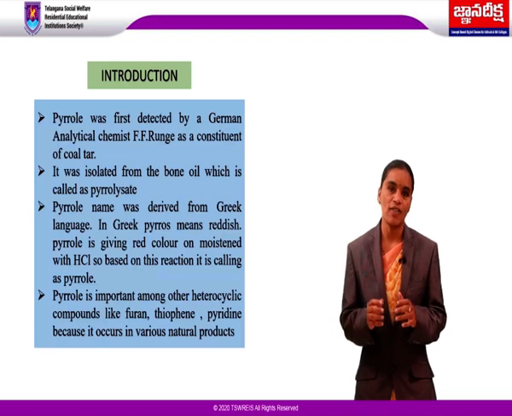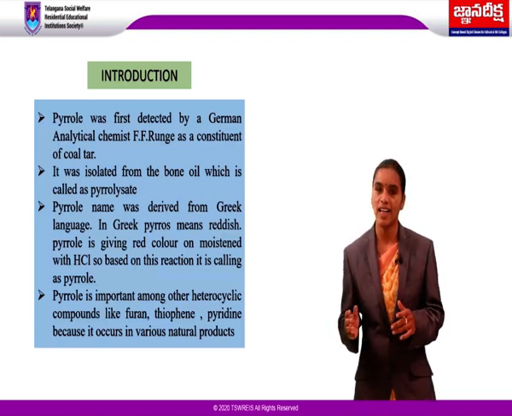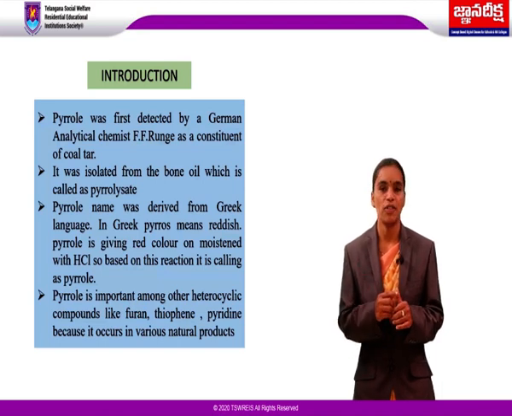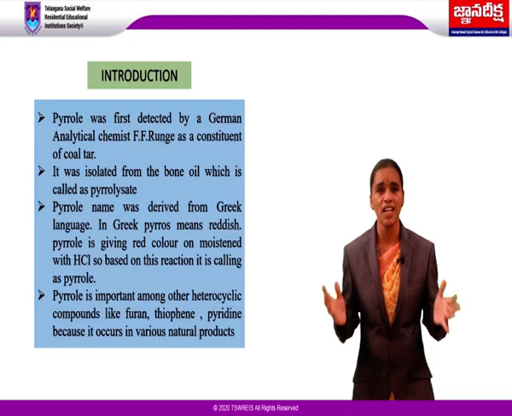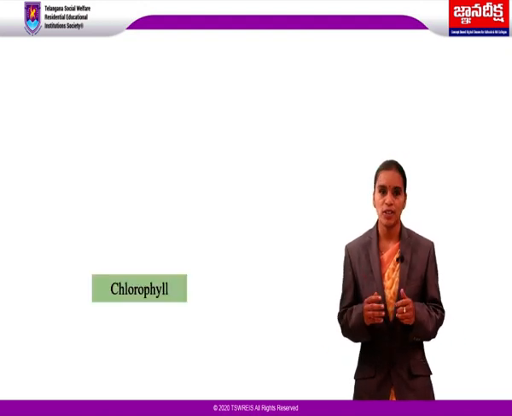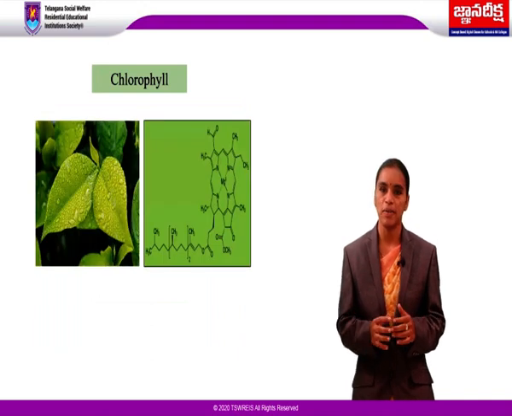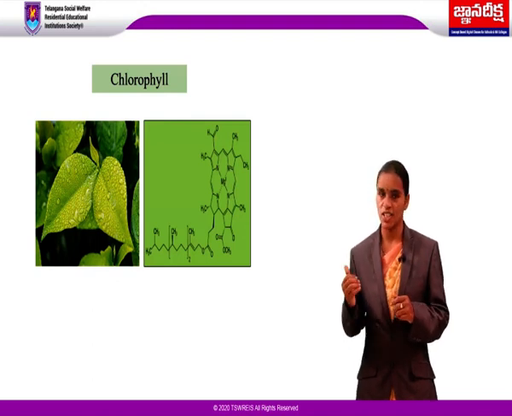It is one of the important heterocyclic compounds among others like thiophene, furan, and pyridine, because it occurs in various natural products like chlorophyll. We know that chlorophyll is a green pigment and is the reason for photosynthesis in plants. See the structure.